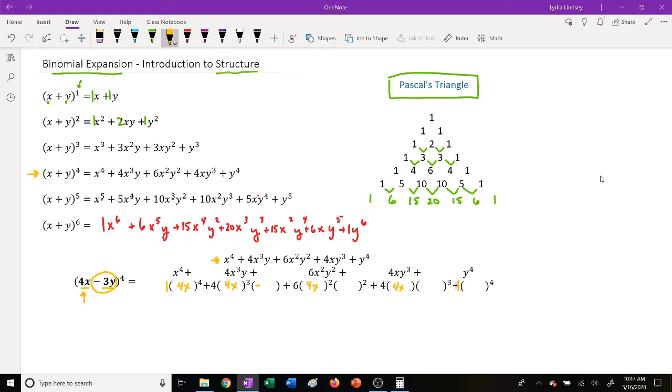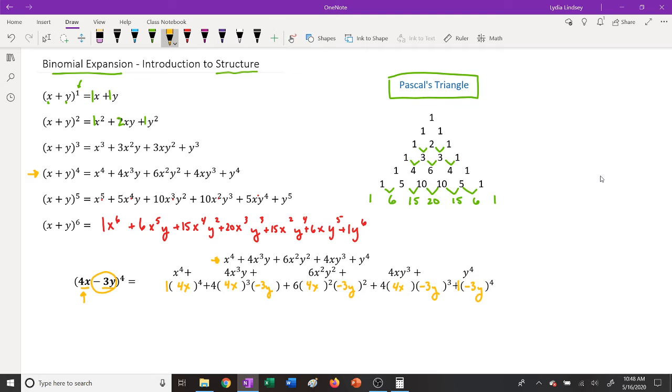So it's going to be a negative 3y, negative 3y, negative 3y, and negative 3y. So everything's in position now for me to find those final values. And it's going to be a little chaotic here.